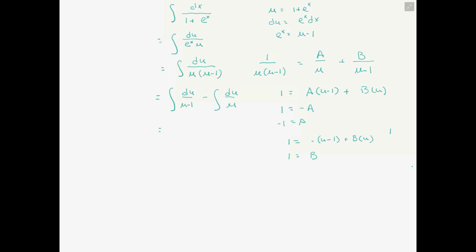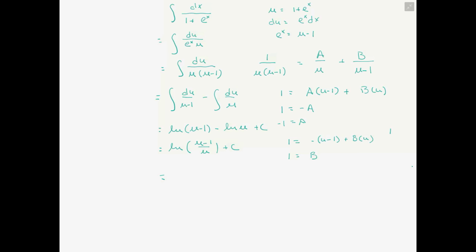And that is simply ln of u minus 1 minus ln of u plus c. Now using the logarithm identities, we have ln of u minus 1 over u plus c.